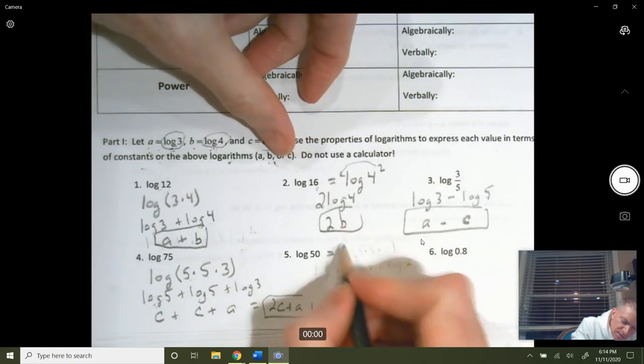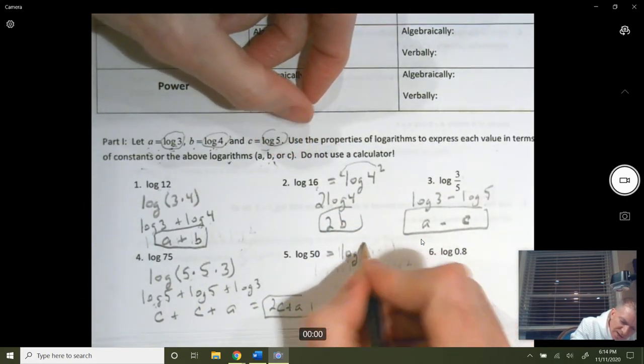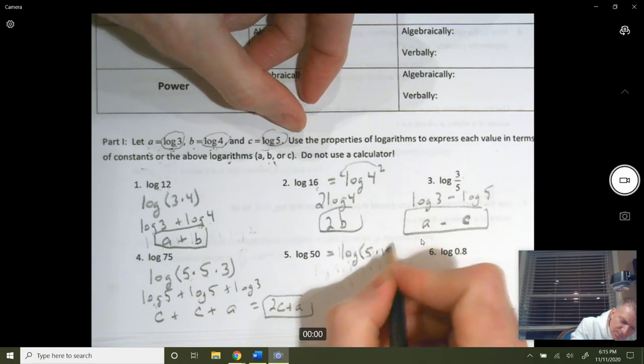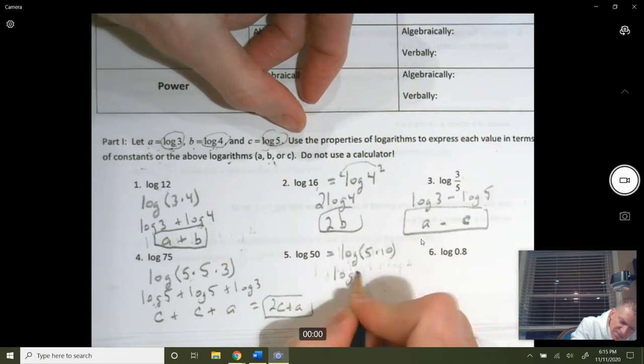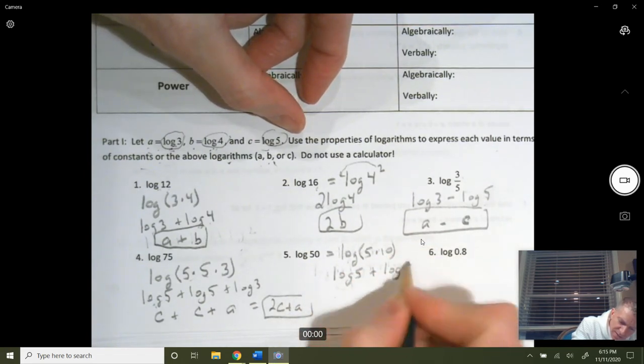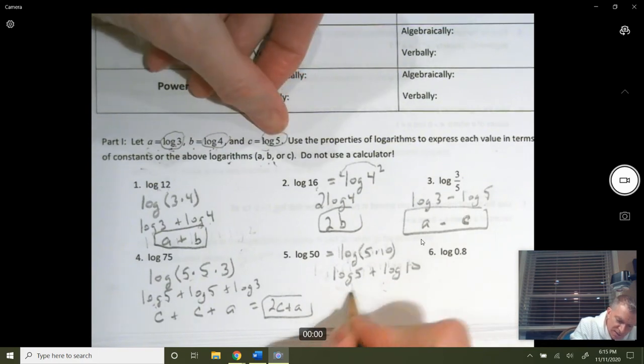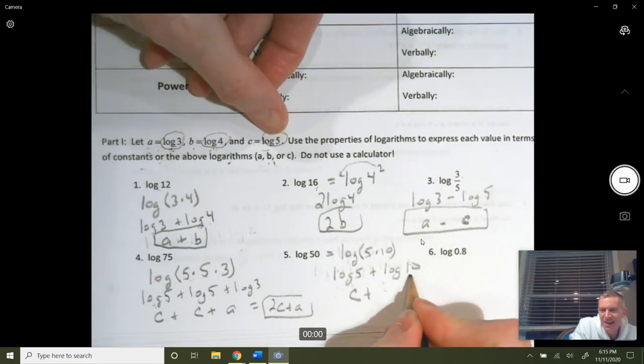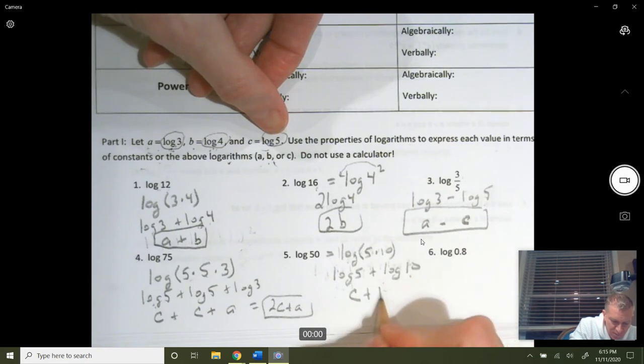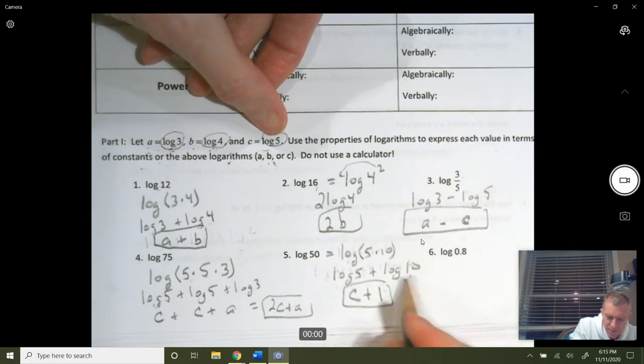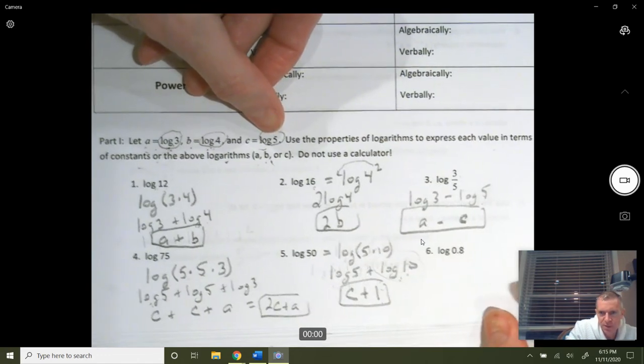So we could call this log of, let's just do 5 times 10. So then that's log of 5 plus log of 10. Log of 5 is c. Log of 10 is just 1. Remember that your base is 10, so this means what's the exponent you put on a 10 to get 10?